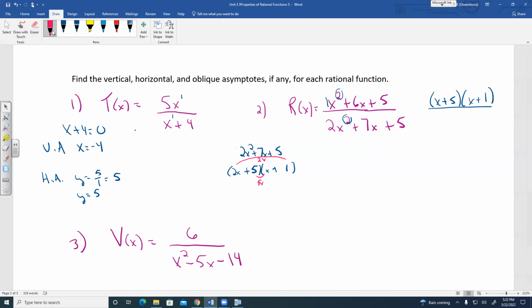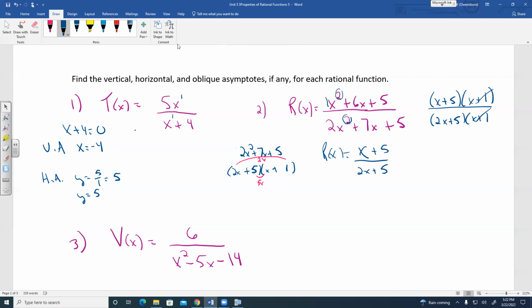That does give me 7x, so that is factorable. So 2x squared plus 7x plus 5 does factor into 2x plus 5 times x plus 1. So what happens is the x plus 1s cancel out. So our new function is r of x equals x plus 5 over 2x plus 5.